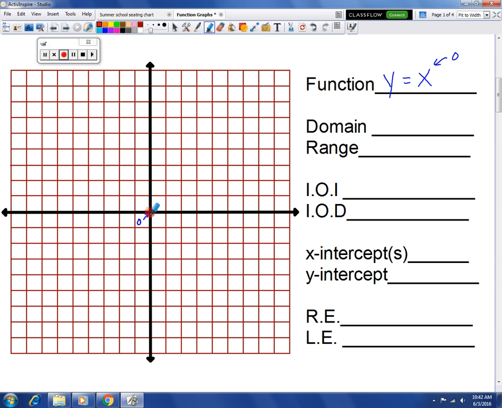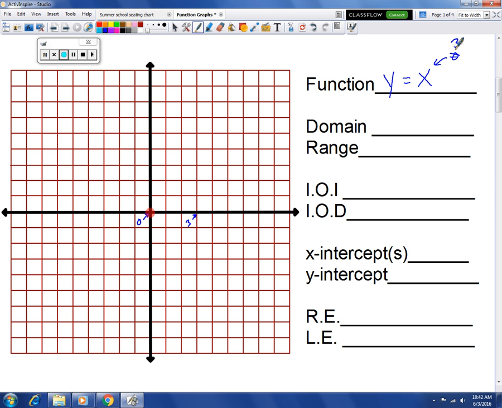Alright, let's pick another positive number. That's typically what most people do. They'll pick positive numbers, but don't forget to pick negative numbers. Okay, let's pick right there, that would be x equals 3. That's 3 places to the right of the origin, 3 blocks to the right, 3 lines to the right. Okay, so if we plug in 3, there's nothing to do except say the answer is 3, because there's nothing in front of that x to multiply it by. There's nothing behind that x to add or subtract to it.